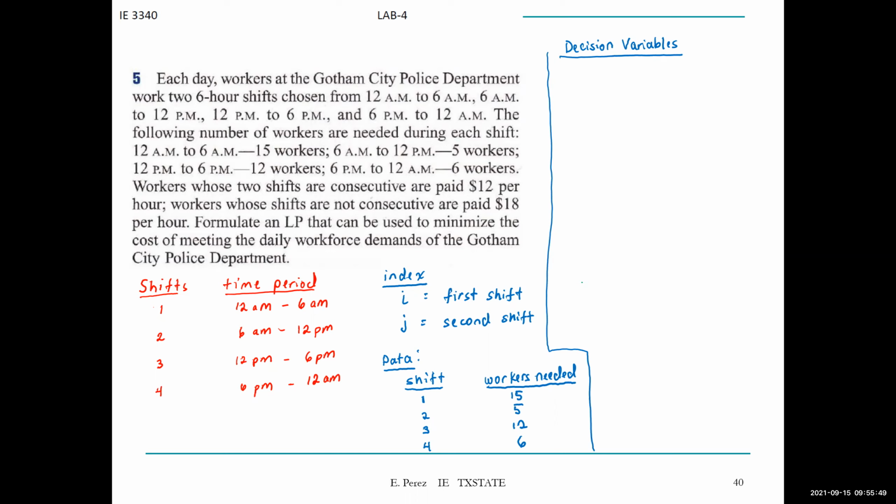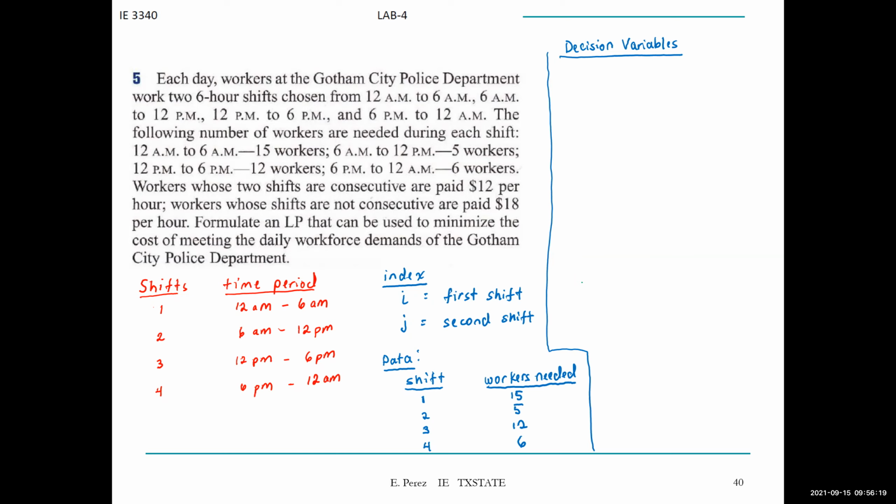The first one is from 12 a.m. to 6 a.m., the second from 6 a.m. to 12 p.m., the third from 12 p.m. to 6 p.m., and the last one, number 4, from 6 p.m. to 12 a.m. We also have data on how many workers are needed per shift. Shift 1 requires 15, shift 2 requires 5, shift 3 requires 12, and shift 4 requires 6 workers.